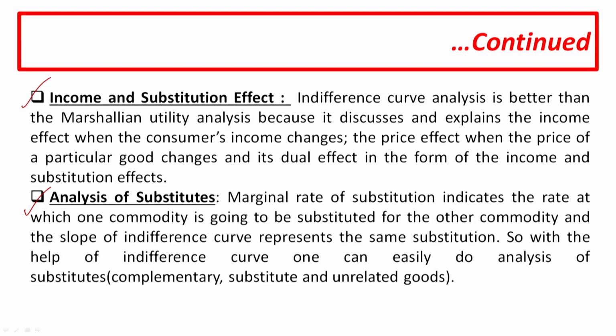So with the help of the indifference curve, you are actually substituting the product. The product can be a complementary product, a substitute product or unrelated goods. So somewhere there is a relation between the commodities, and with every consumption pattern and every preference pattern of the consumer, this is going to reflect the rate of change.